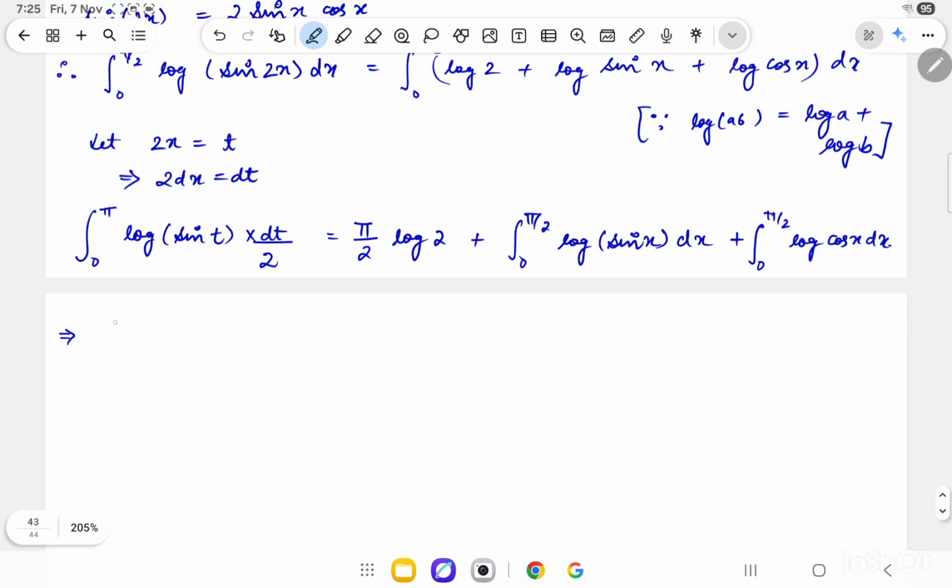Now the term on the left-hand side is 1 by 2 times 2 times the integral from 0 to pi by 2 of log sin x dx.